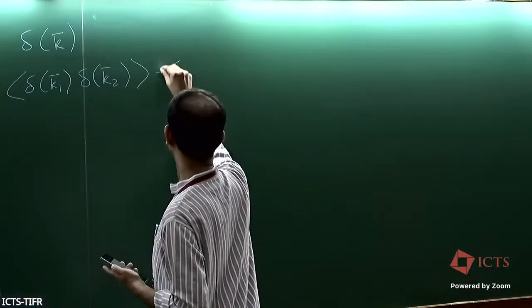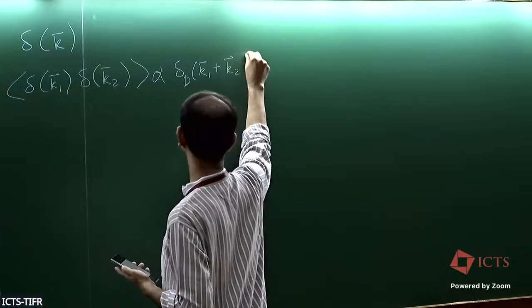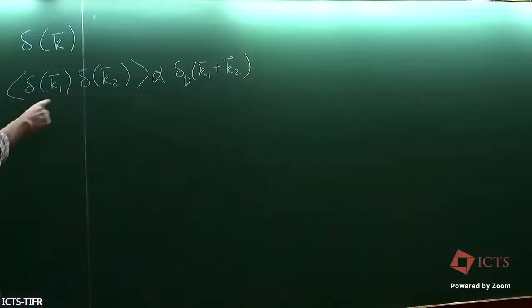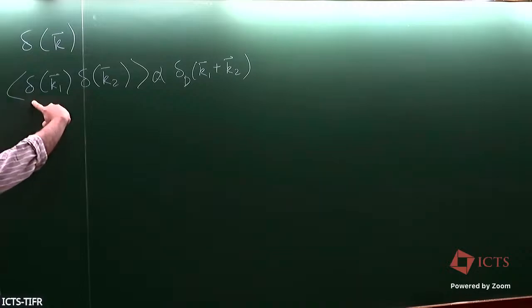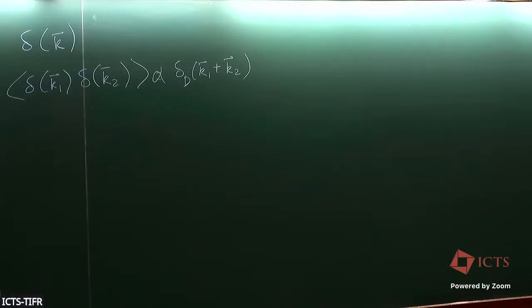It's proportional to a delta function of k1 plus k2, or if you put a star, then it will be k1 minus k2, whichever way, both are fine. So what it means is that the covariance matrix of this quantity is diagonal. It does not have any off-diagonal terms like the real space counterpart. And the diagonal elements are nothing but the power spectrum, because that proportionality constant will be the power spectrum.